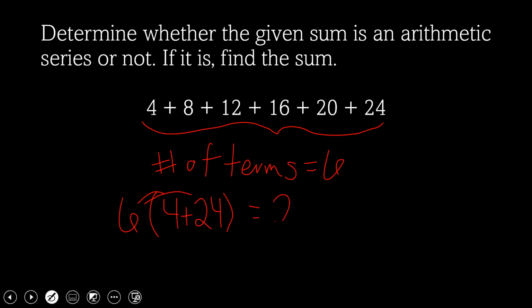So we want to multiply 6 by 4, which is 24, and then of course 6 by 24, which is 144. And then 144 added with the 24 equals 168. And then you want to divide 168 by 2, which equals 84.